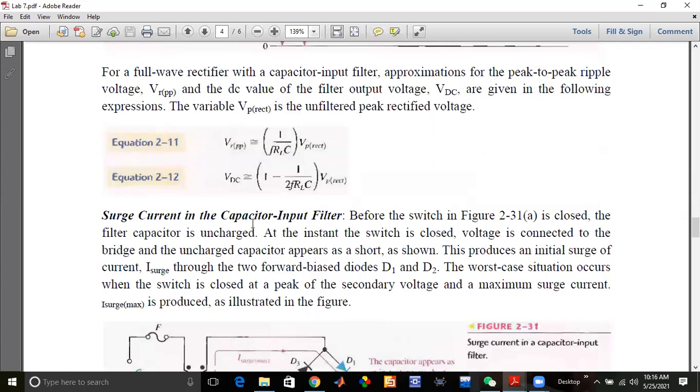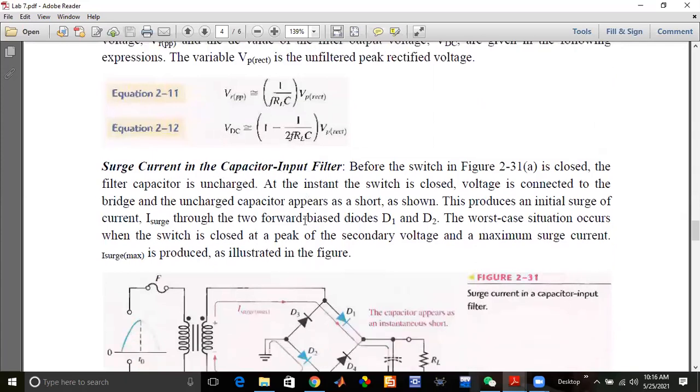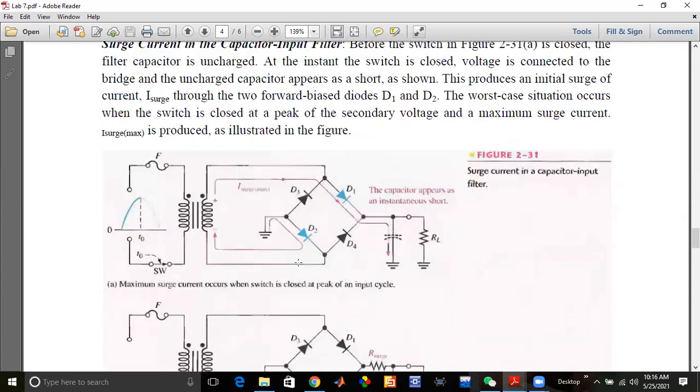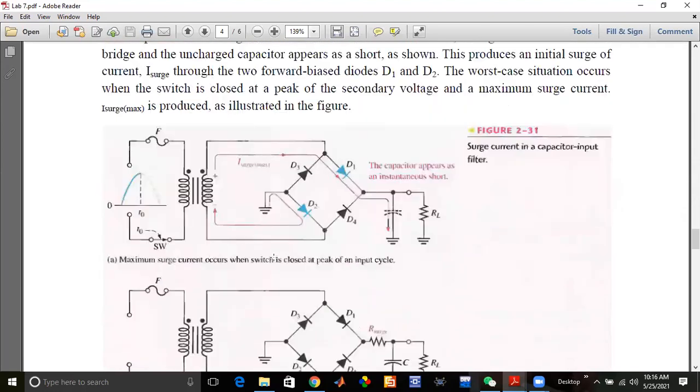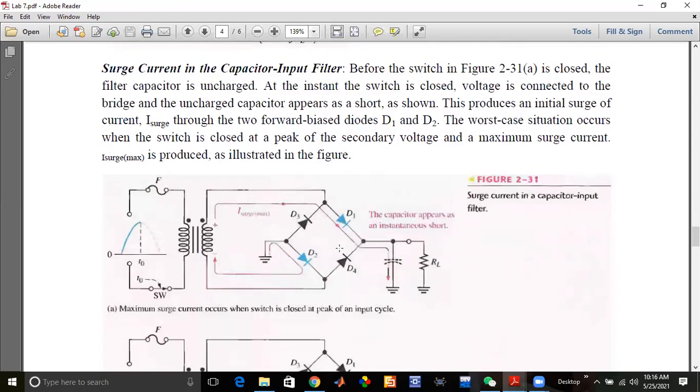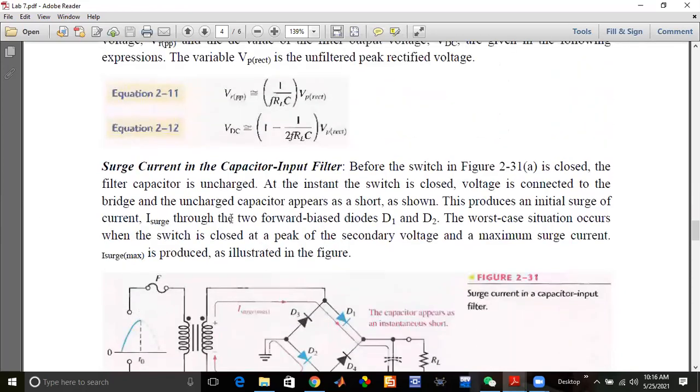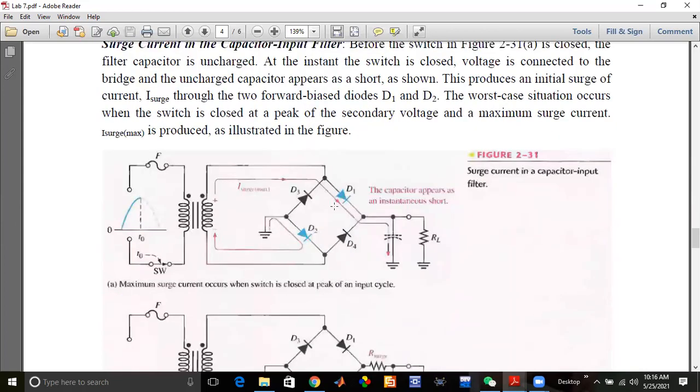Since surge current in the capacitor input filter, we will design here, this is the task, we will design the regulated DC power supply, and we will use a bridge rectifier. This is our lab task, and I will give the lab assignment for you, that you will design the same circuit for center tap and for half wave rectifier.